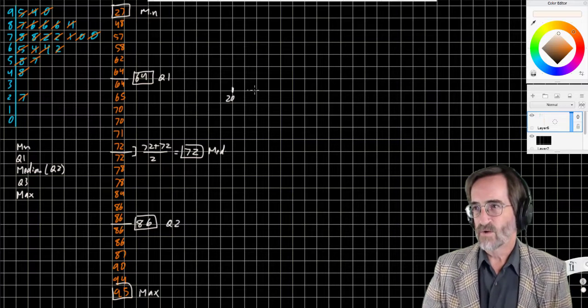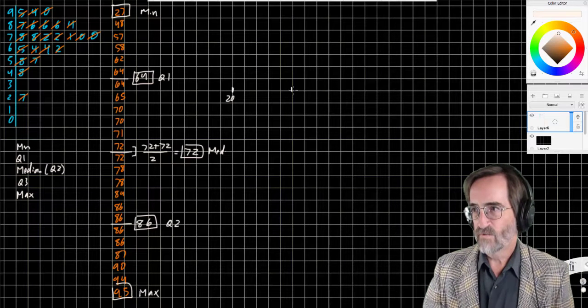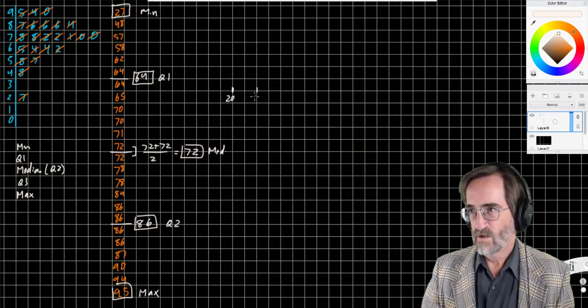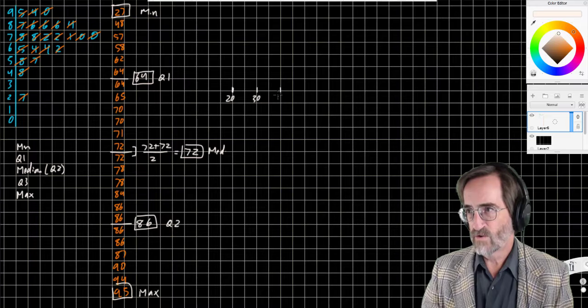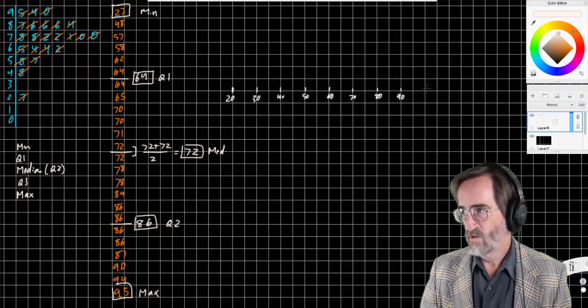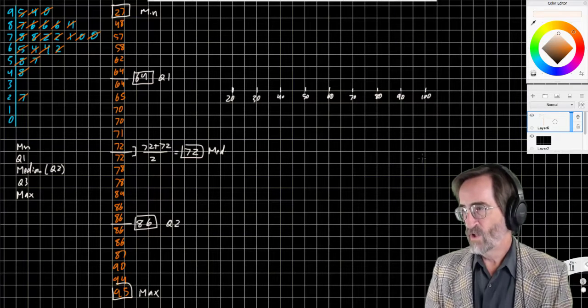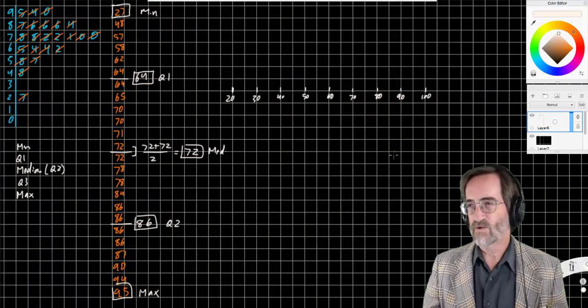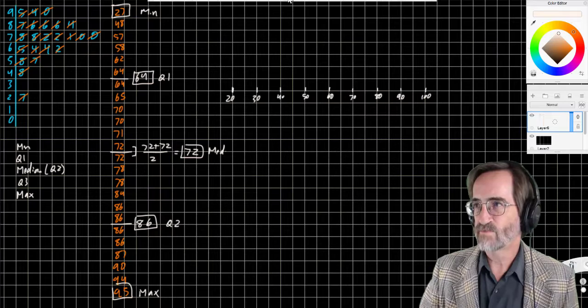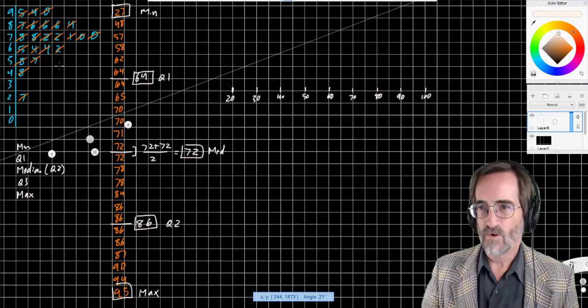What if I do every other one? 20, 30, 40, 50, 60, 70, 80, 90, 100. I could get away with 3 per, but dividing 100 by 3 is not an even proposition. So that's probably a good number line here.